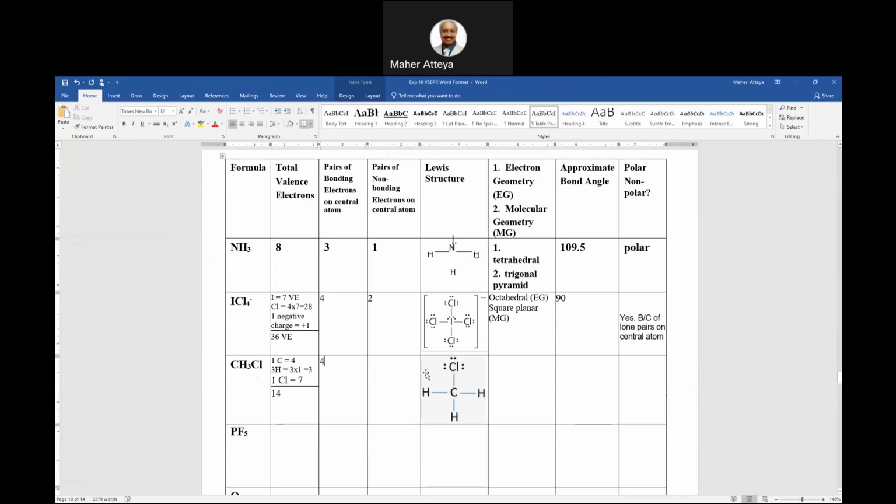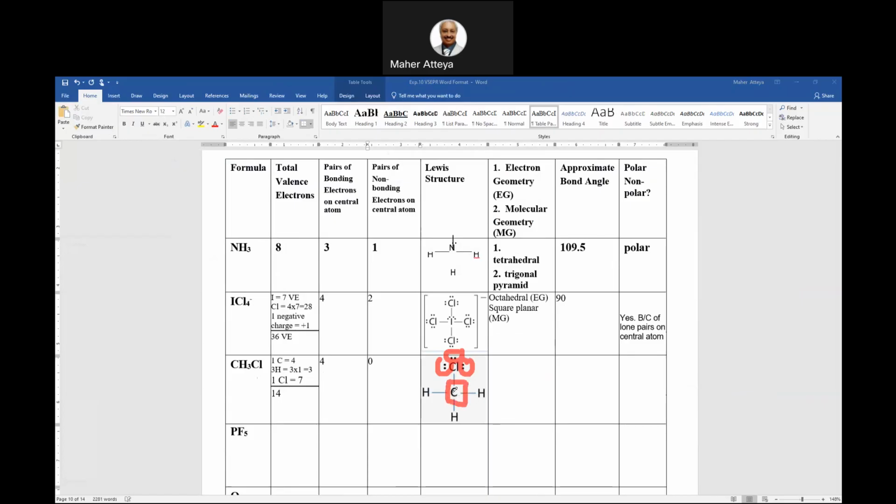How many lone pairs? There is no lone pair on the carbon. So 0. On the central atom, we don't care about the lone pairs on the outer atoms, guys. Those are not on the central atom. Always we look at this.